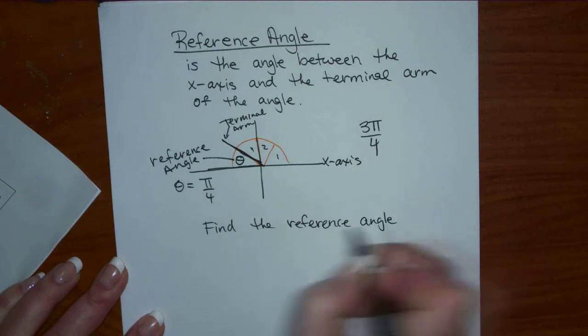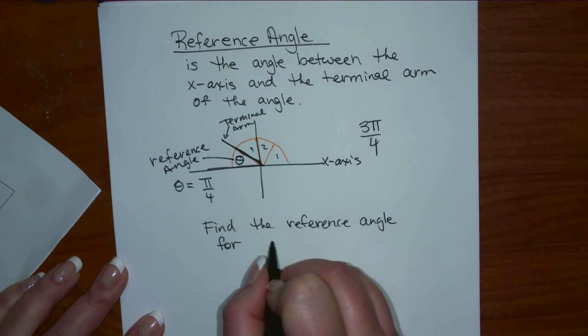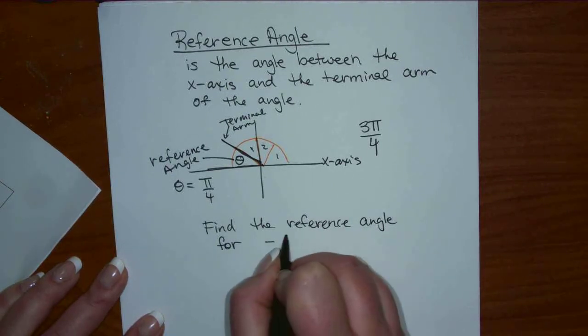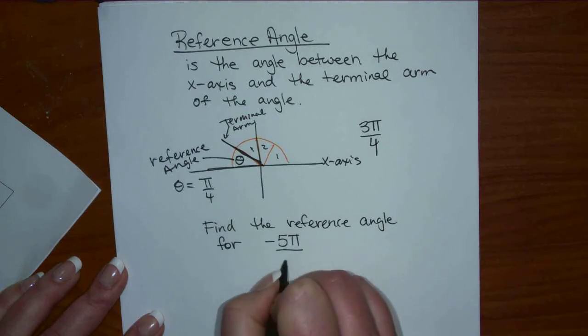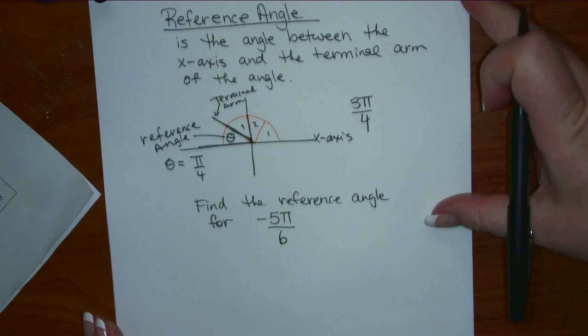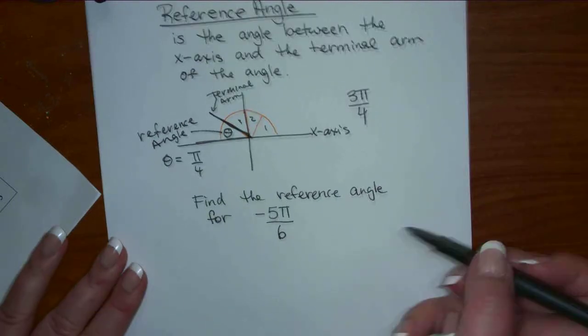for, let's do a negative one, 'cause we've not done that yet. Negative 5 pi over 6. All right, so what does a negative do when it's a negative angle? Any ideas? You go backwards.